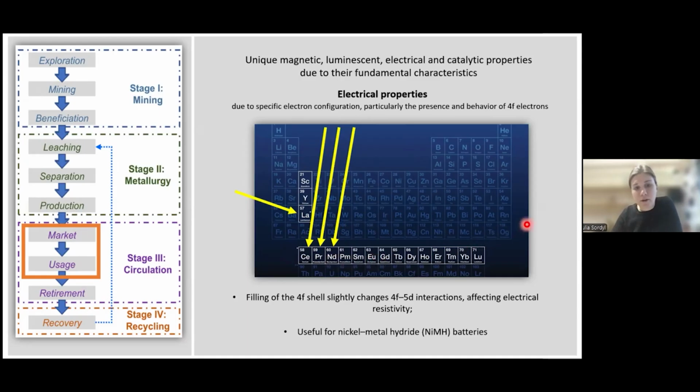And therefore, they are useful for nickel metal hydride batteries, especially for the anodes of these batteries. The anodes are made of misch metal, which is a mixture of these four elements, which brings benefits because a mixture of elements is cheaper when they don't have to be separated, and also it gives a battery a higher energy density, and therefore they can be used, for example, in hybrid cars.